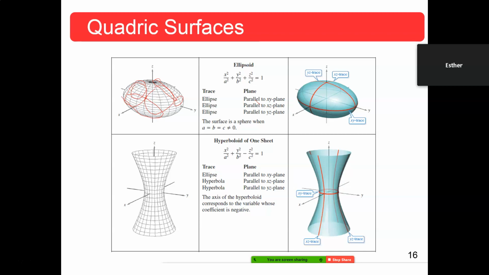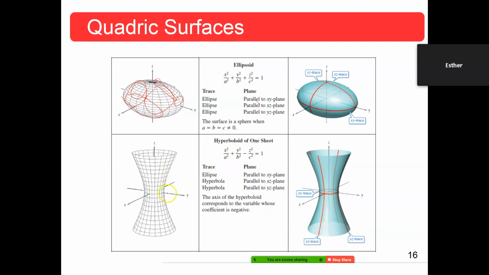Now, here are other things to note here. All right, let's focus a little bit on the a and the b here. If these are two different numbers, then what you have are ellipses here and here. All these traces parallel to the XY plane are ellipses. Now, where does it get the name hyperboloid?